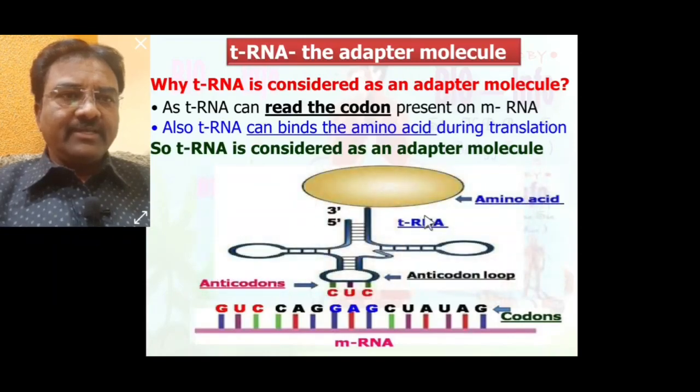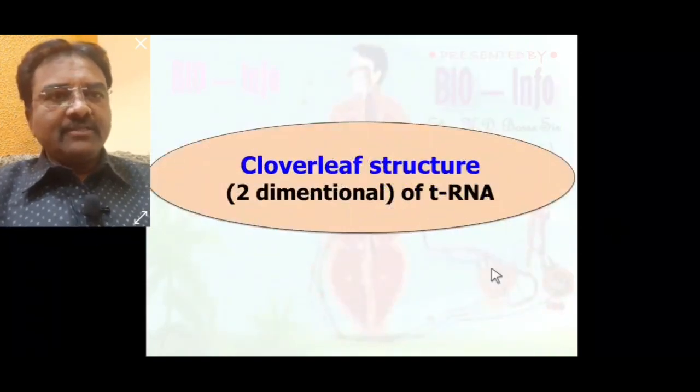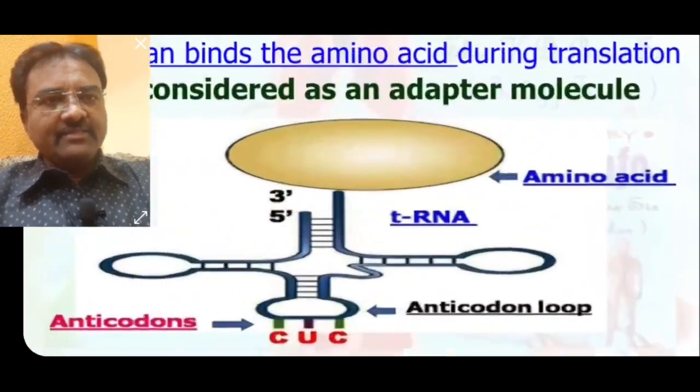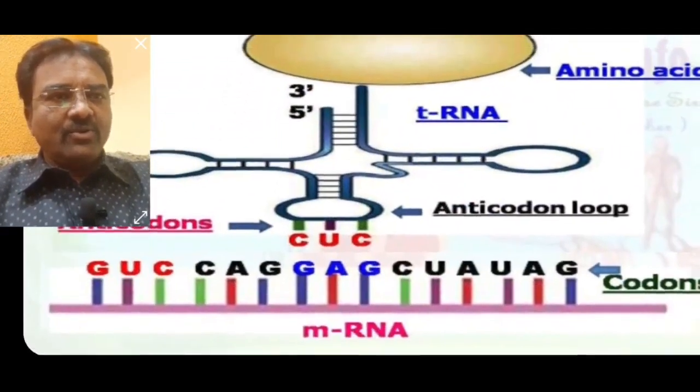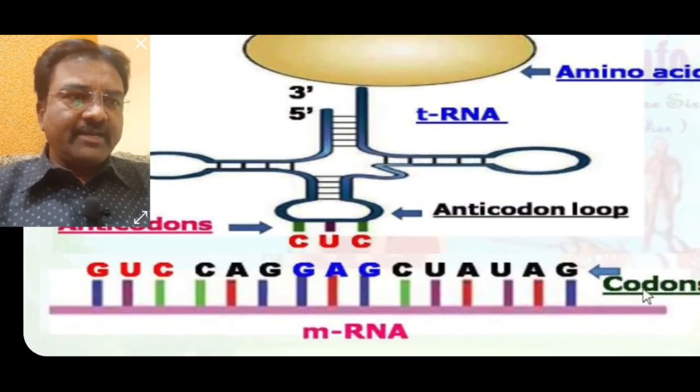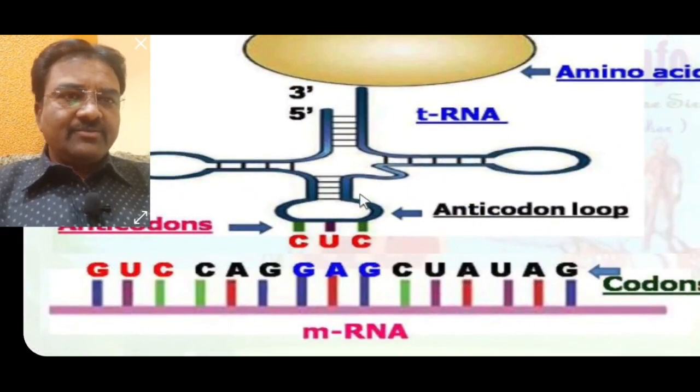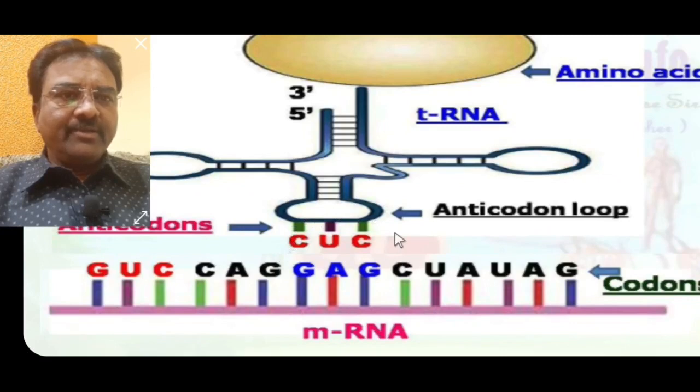Due to this reading, complementary pairing takes place between codon and anticodon, because codons are present on mRNA while anticodons are present on the anticodon loop of tRNA.